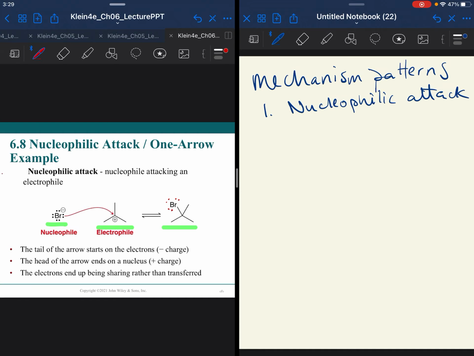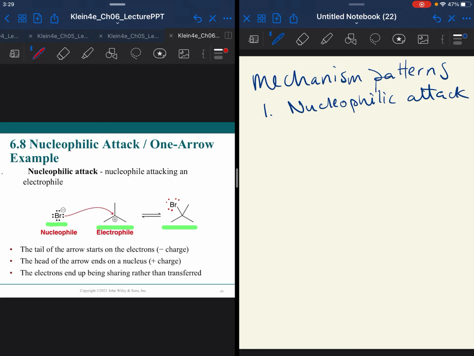So it went from having 4 lone pairs to sharing one of those pairs with the carbon. The carbon went from having 3 bonds and a positive charge to having 4 bonds and being neutral. So there's only 1 arrow needed, 1 bond formed, and that is it. It goes from the nucleophile to the electrophile.